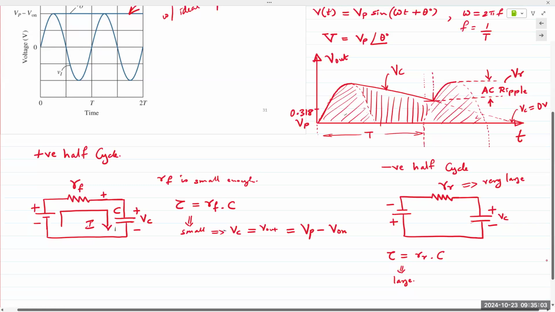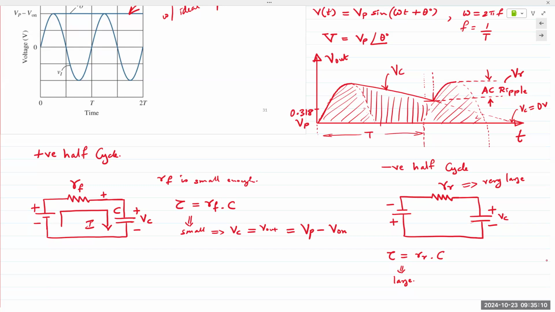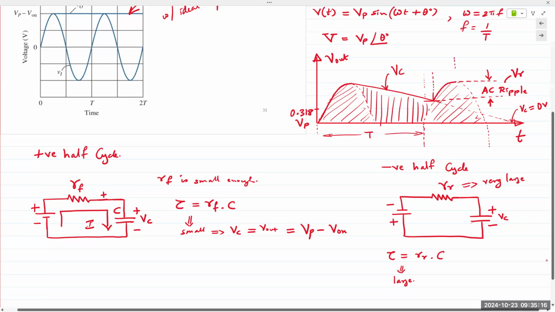Right there. So V in must be higher than the capacitor voltage for the diode to turn on. So that is another consideration in the design process. And then once it turns on, it stays on for this portion.